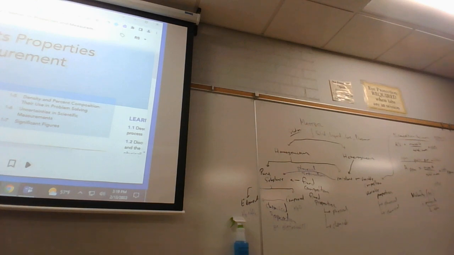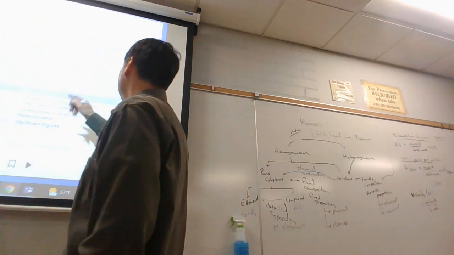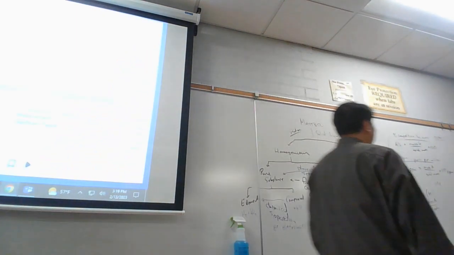Or volume, you take length times width times height, we get meters cubed. And so we have the SI base unit meters and then the derived units, area and volume, meters cubed. We also use liters, but liters aren't SI units, so we can relate liters to meters cubed and so on. What other? We have density, percent composition, etc.